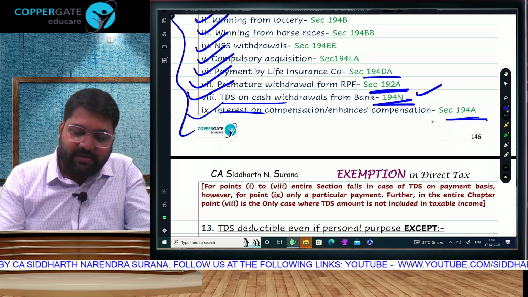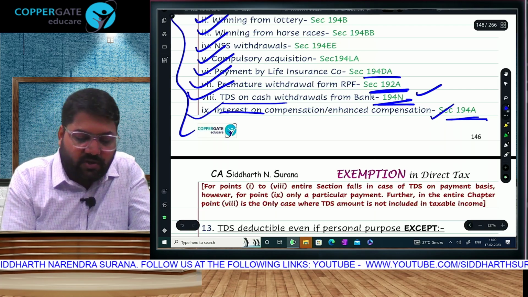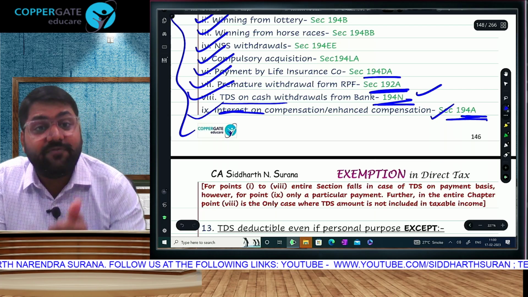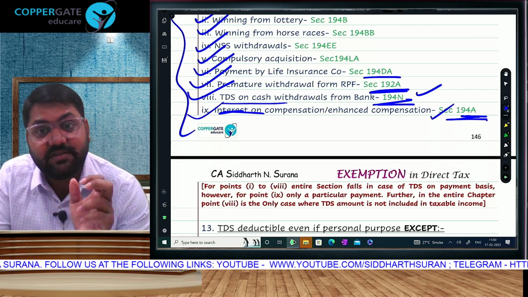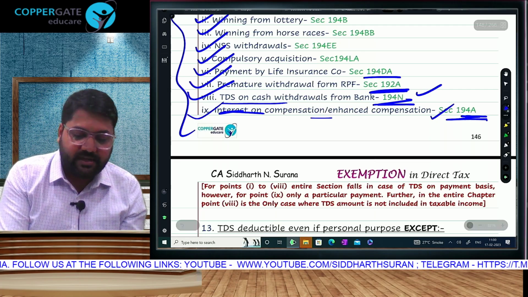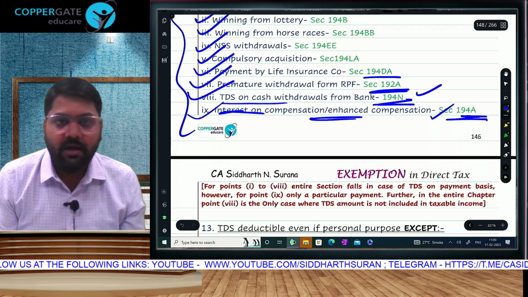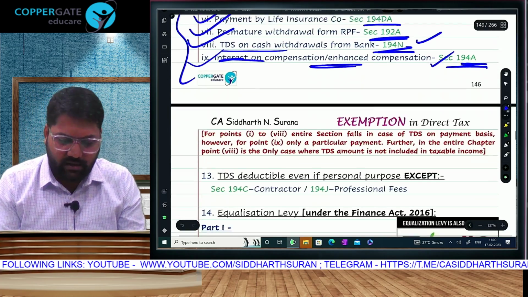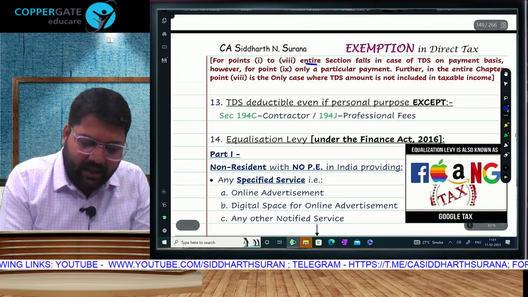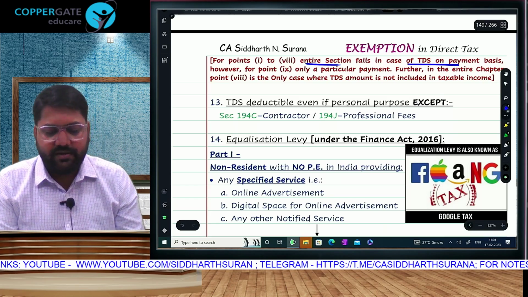And there is something special about point 9. Point 9 is on interest. 194A, FD interest will come here, RD interest, loan interest. They all come in whichever is earlier. Only one transaction, interest on compensation and enhanced compensation, will come at the time of payment. All other interest transactions will come at the time of whichever is earlier. Points 1 to 8, the entire section falls in case of TDS on payment basis.